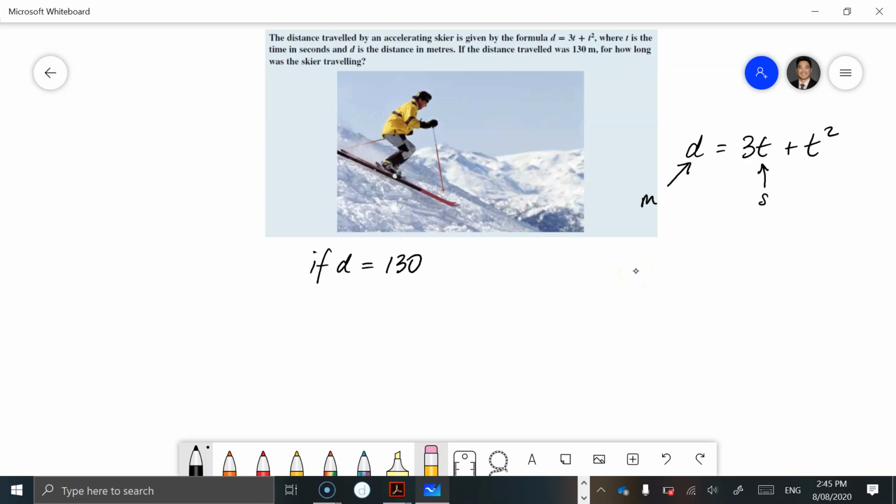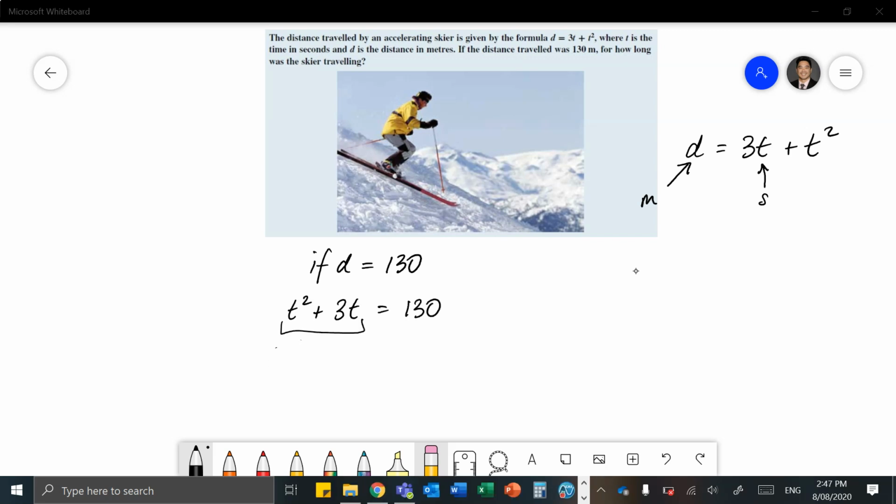We can then put all of this in. I'm just going to put it into quadratic structure, having the squared term first, then the next term, and that's going to equal 130.